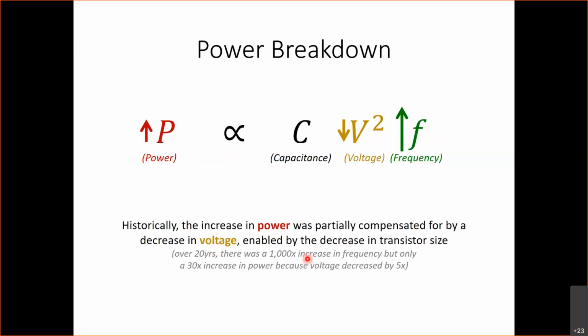And that's why over the past 20 years, we've seen a 1,000 times increase in frequency, but only a 30 times increase in power, because we have a decrease in voltage to compensate for that.